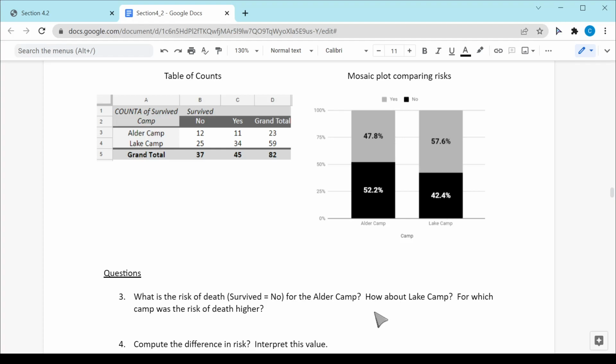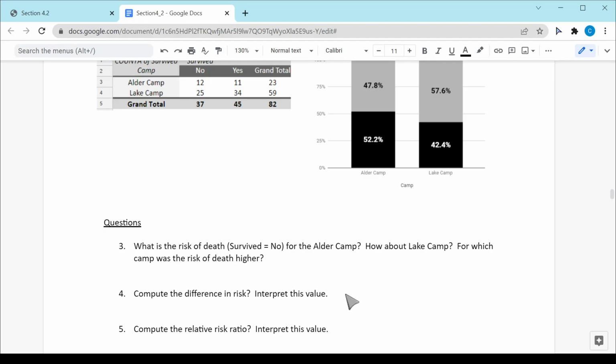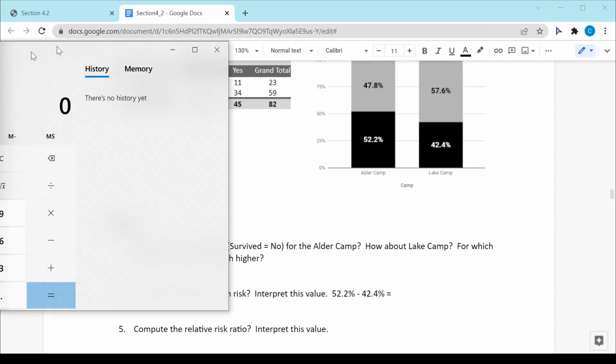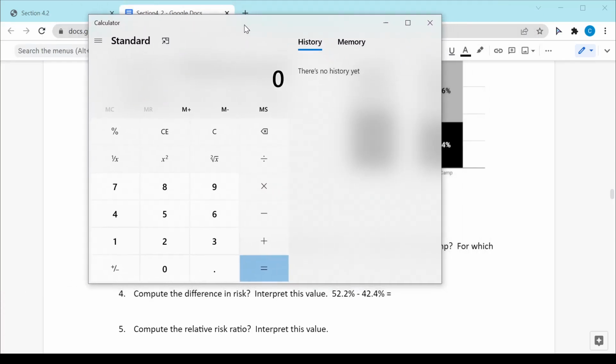So one of the summary measures that we talked about was the risk difference, and that's simply the difference between those two numbers. So if I wanted to compute that value, that would just be the 52.2% minus the 42.4%. Just grab my calculator here, and we can use that to complete that math.